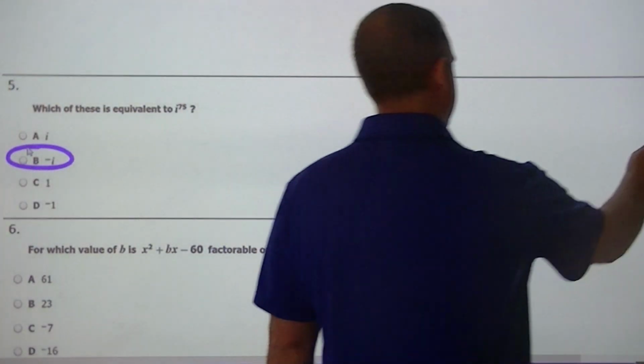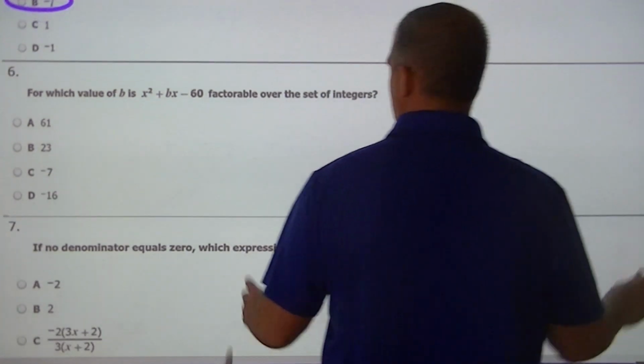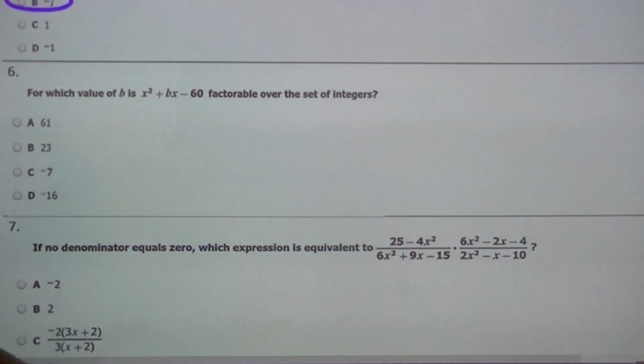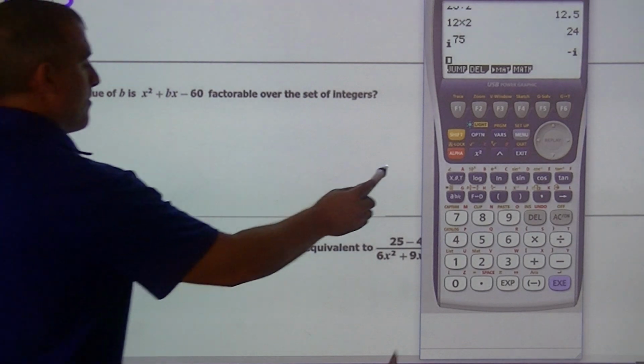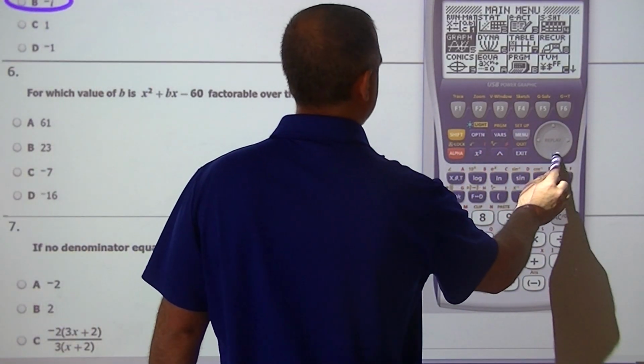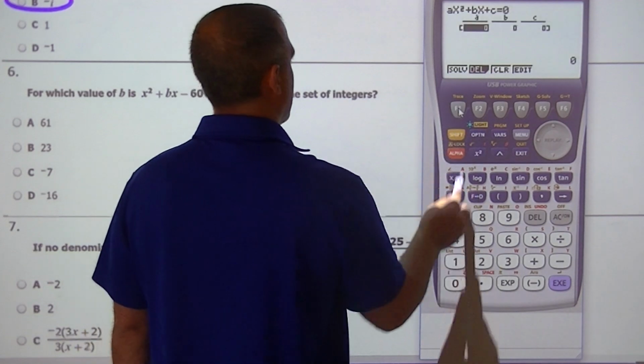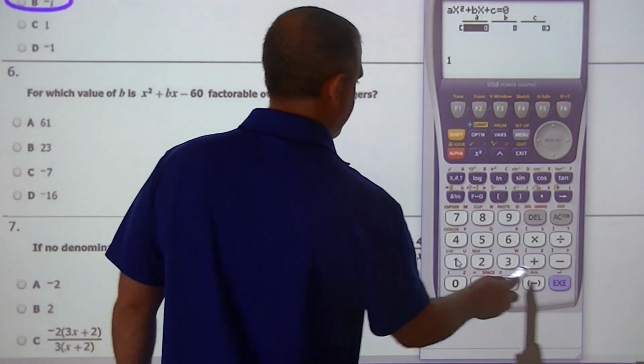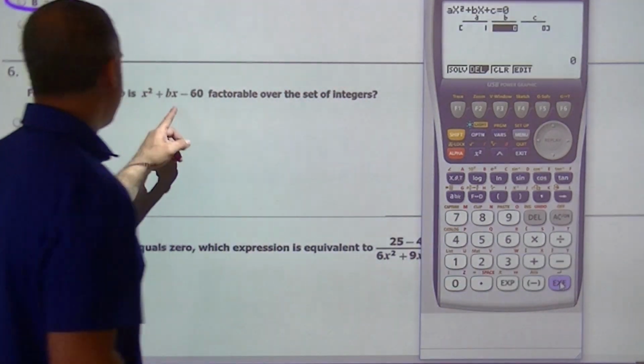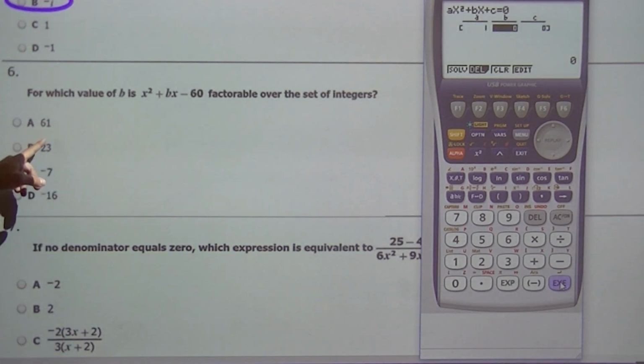Number 6, which is factorable. The idea there is if you go to menu and equal, now I'm doing polynomial degree 2. I have 1. Now what they're saying is put these numbers in for b.